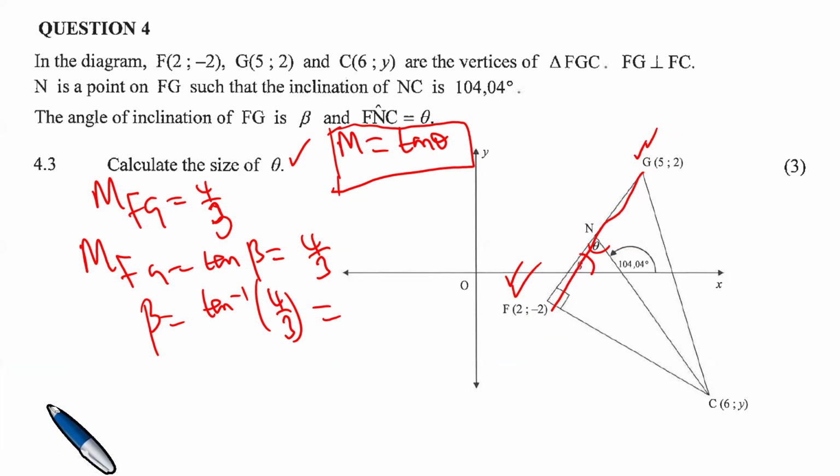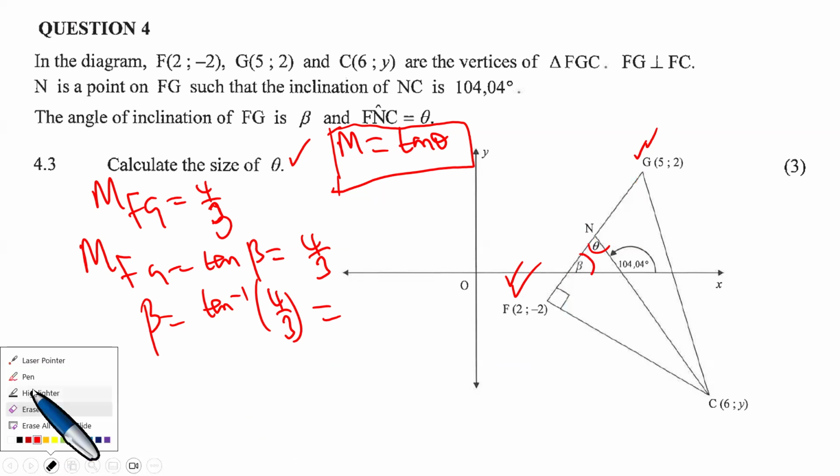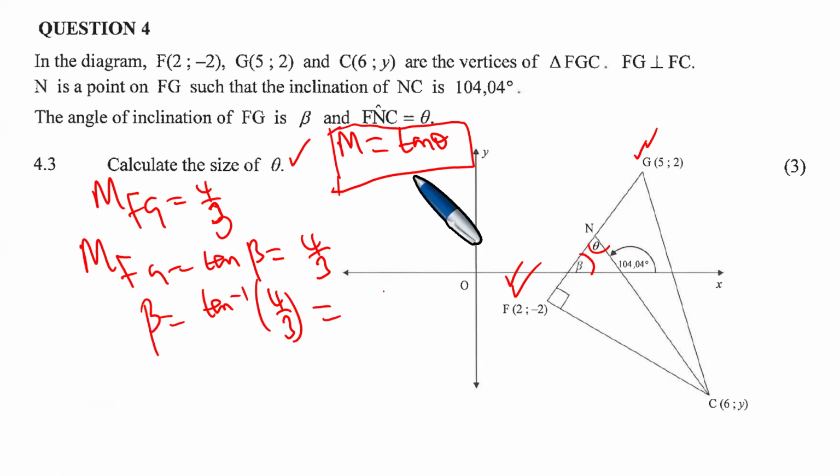Pay attention. So arctan 4/3 is 53,13 degrees.